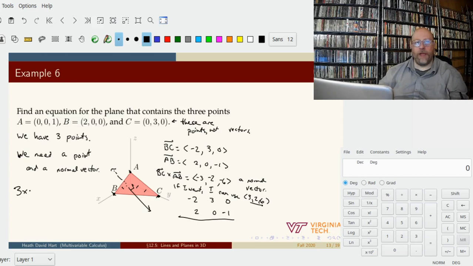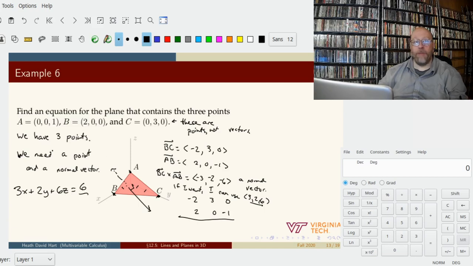That tells me the left side of the equation, but it doesn't tell me the right side of the equation. For that, I need to plug in one of the points. Which point do I plug in? If you have done everything correctly up to this point, it doesn't matter. All 3 points will give us the same answer. If I plug in A, I will be plugging in 0, 0, 1, and I'll get 6 times 1, and that's 6.